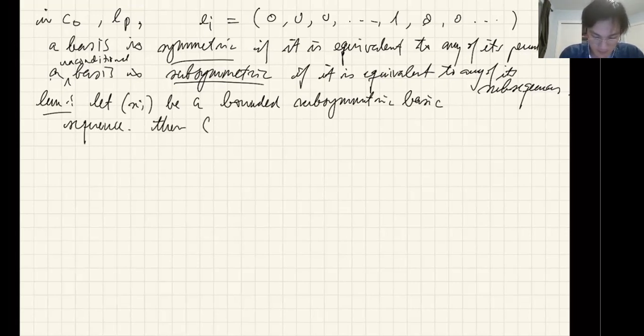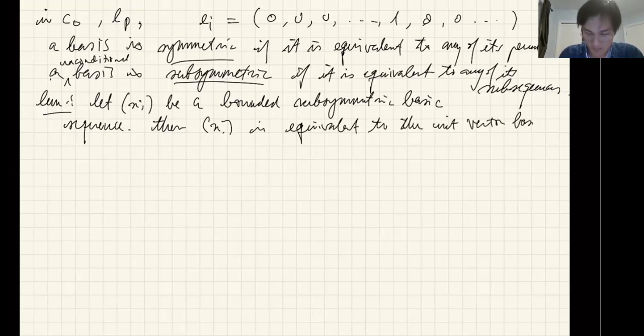Then x_i is equivalent to the unit vector basis of L1, or x_i is weakly null.